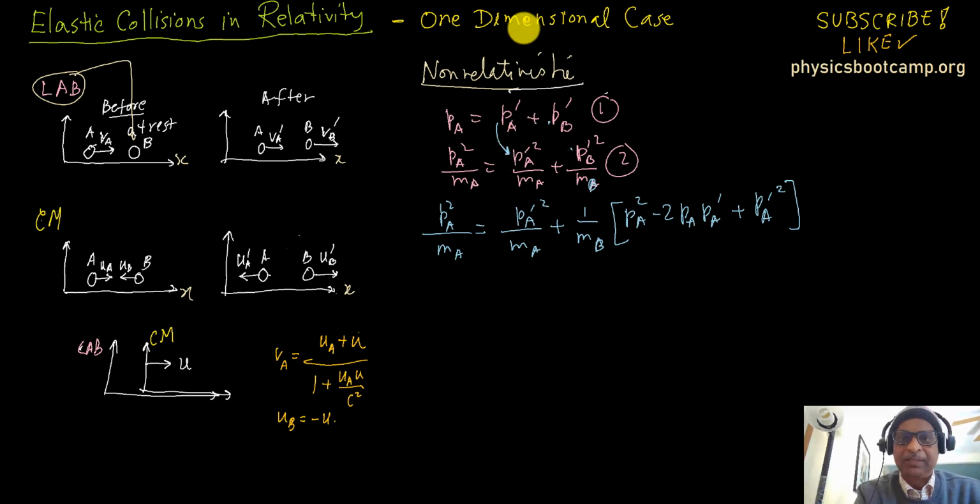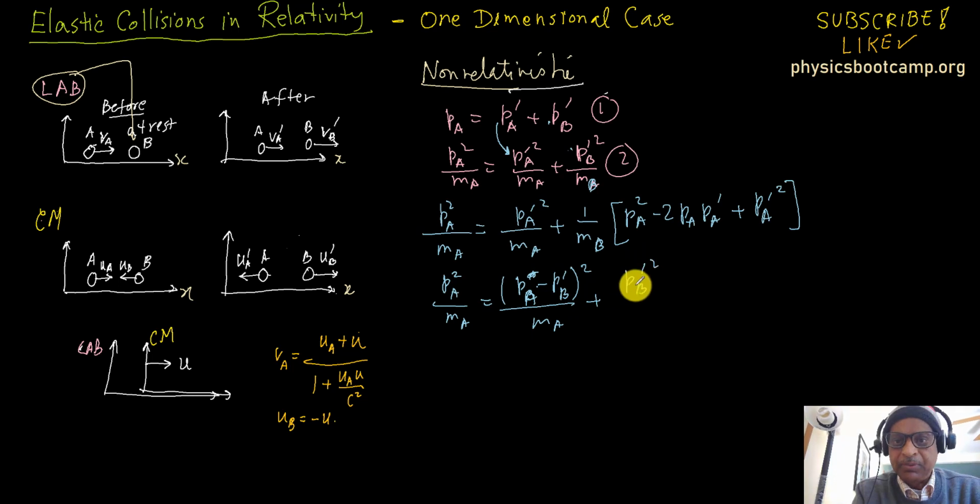So when I substitute that, I have PA squared over MA equals PA minus PB prime, squared over MA plus PB prime squared over MB. Okay, I think I like this better. So just forget that step.